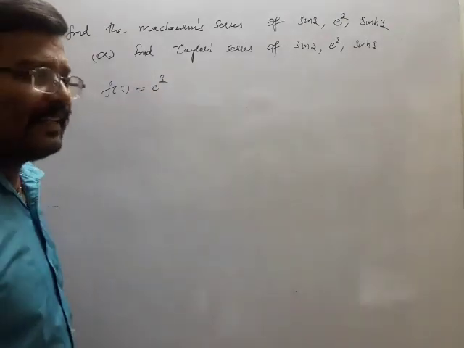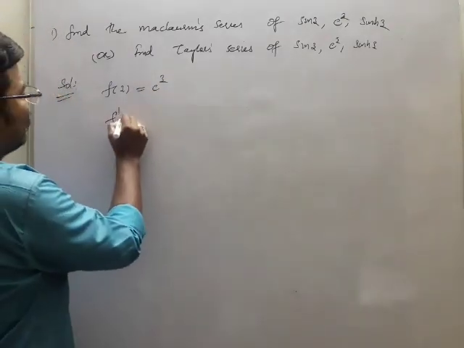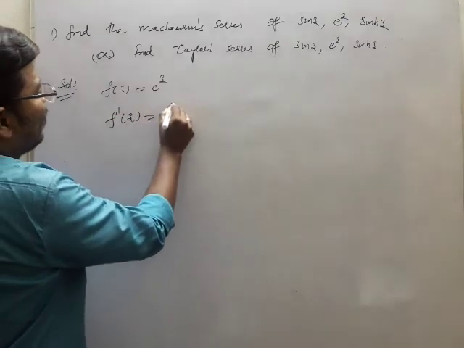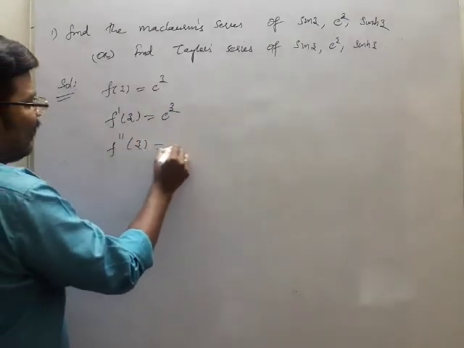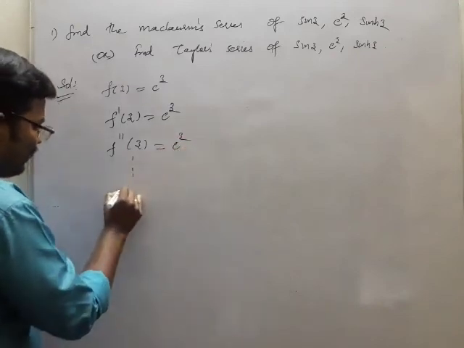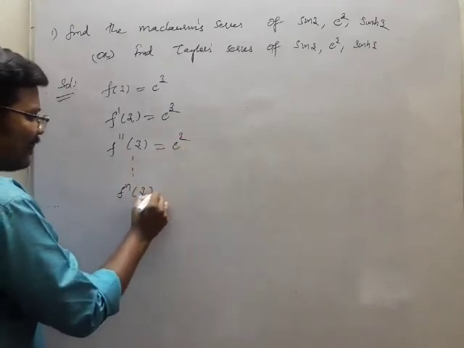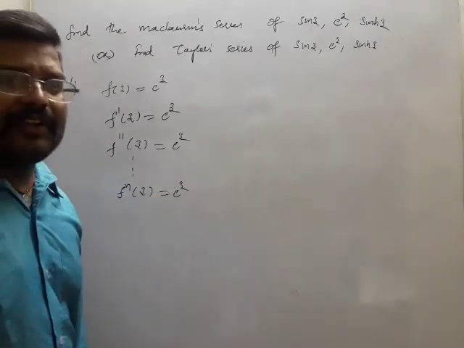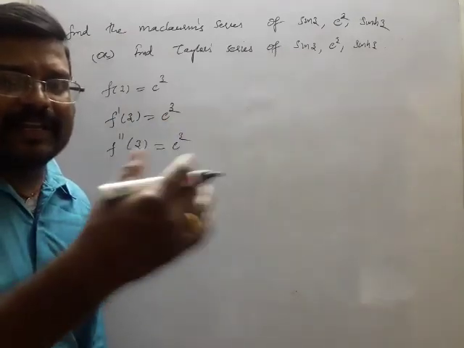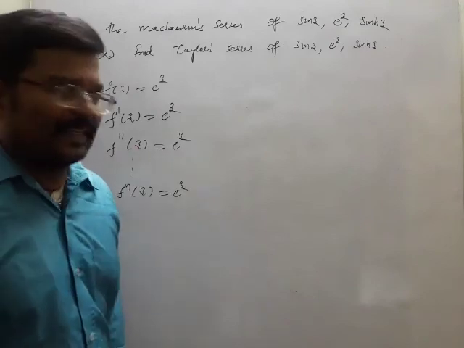For the Taylor series we find f dash of z equal to e power z, f double dash of z equal to e power z, and so on. F power n of z is also equal to e power z. If you differentiate n times, you will get the same value, e power z.